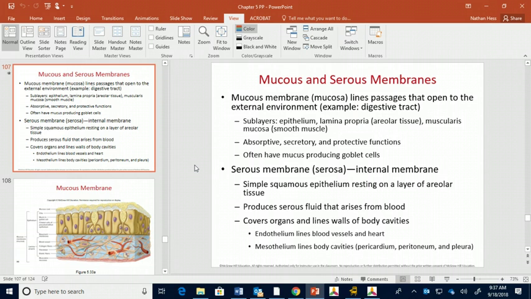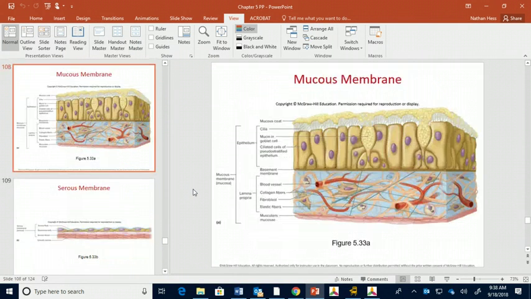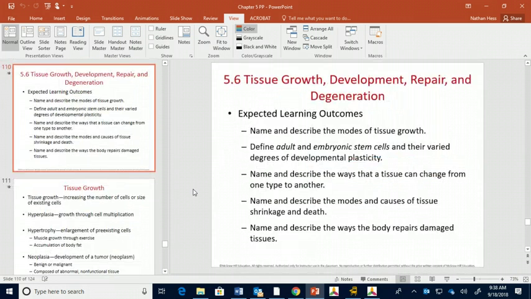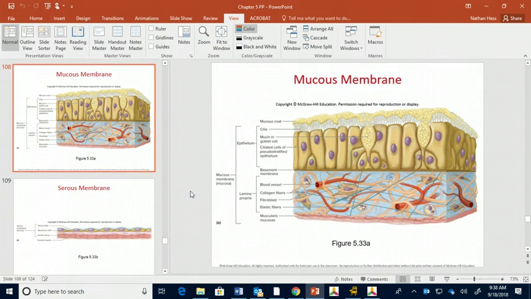The mucosa, or mucous membranes, the serous membranes, or the serosa, the internal membranes that cover your organs. There's lots of pieces. I'm not interested in you knowing the list of all the different membranes. I just want you to know what a membrane is. And you'll see them as we go through our different systems.